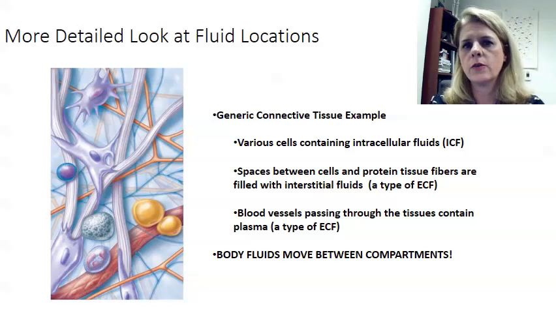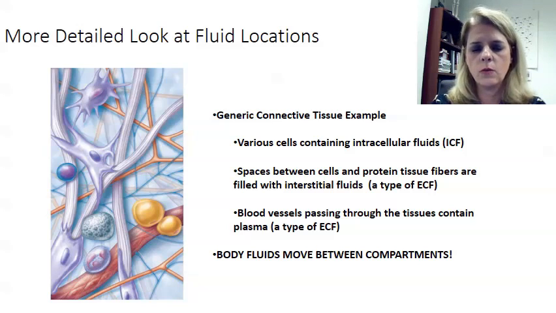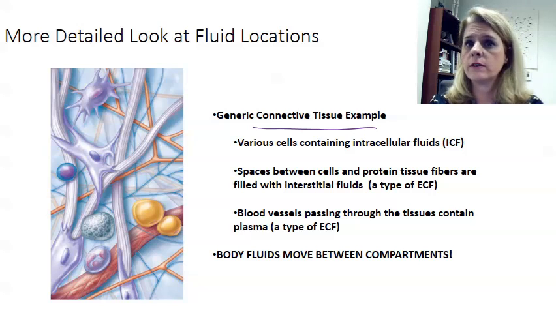So this is just another way to think about that. What I have here is a generic connective tissue example. We really haven't covered tissues yet, but connective tissue is the kind of tissue that connects us and holds us together. It's the tissue that holds our organs together, between spaces and things like that.